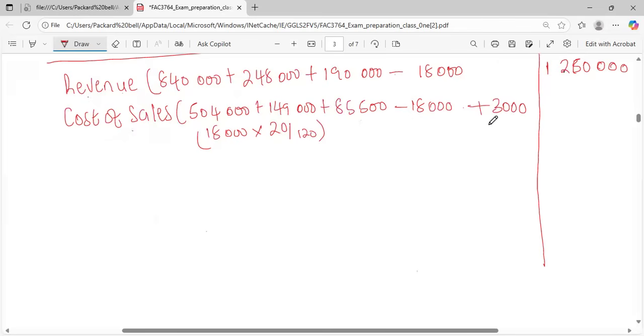If there is an intra-group unrealized profit, you should just figure out the journal entry. The journal entry to eliminate unrealized profit is you debit cost of sale, then you credit inventory. So when you come to your consolidated statement of profit and loss, your cost of sale you are going to add.